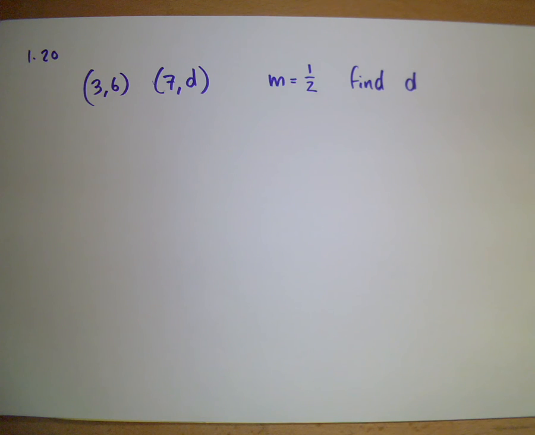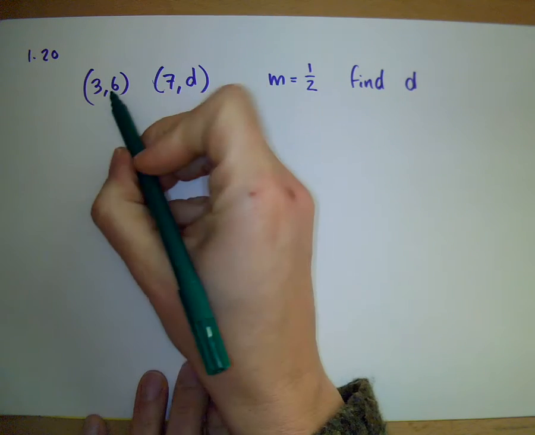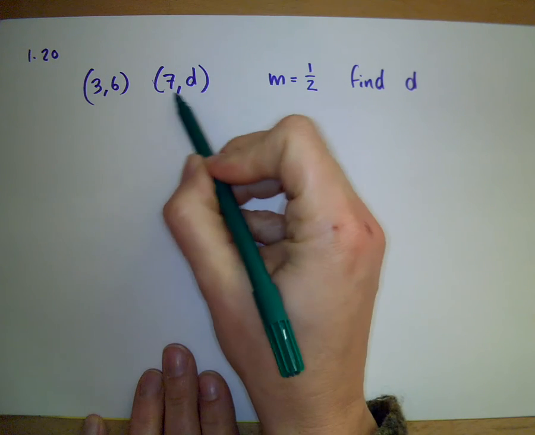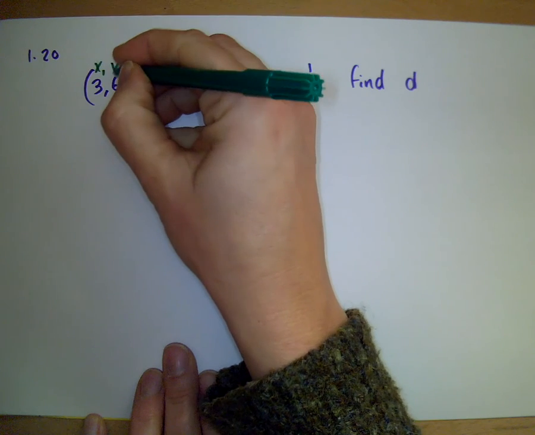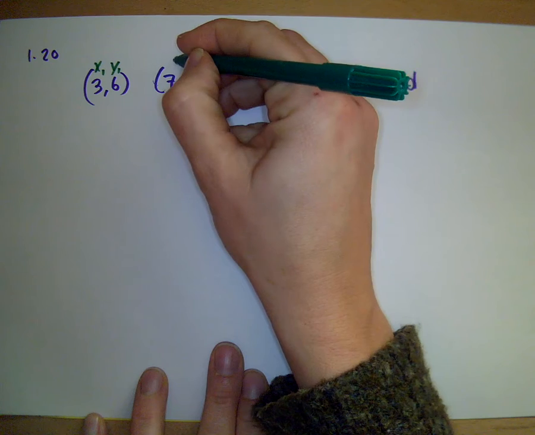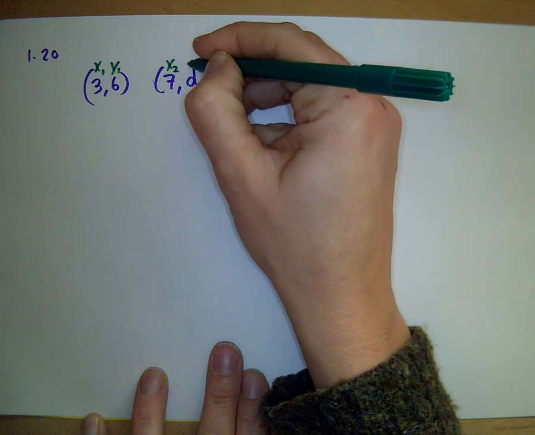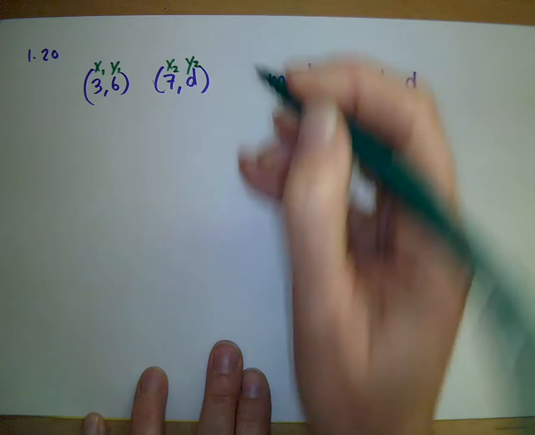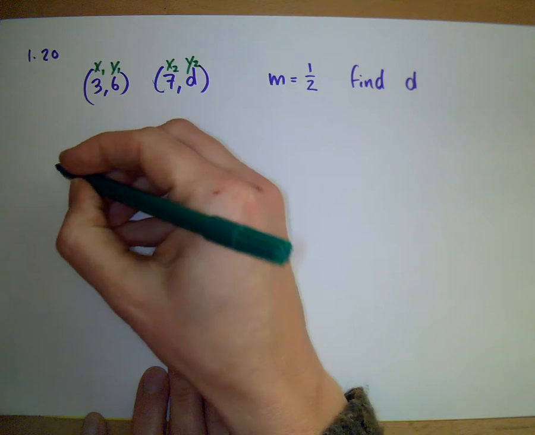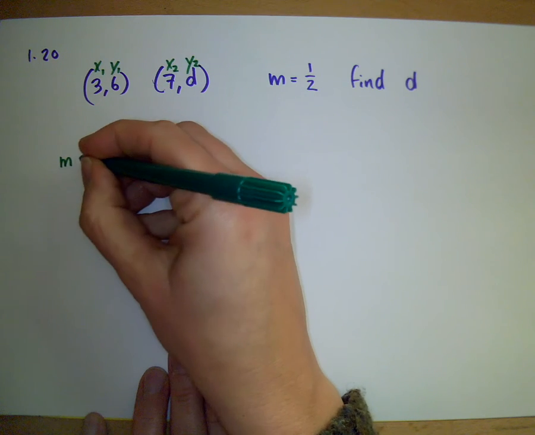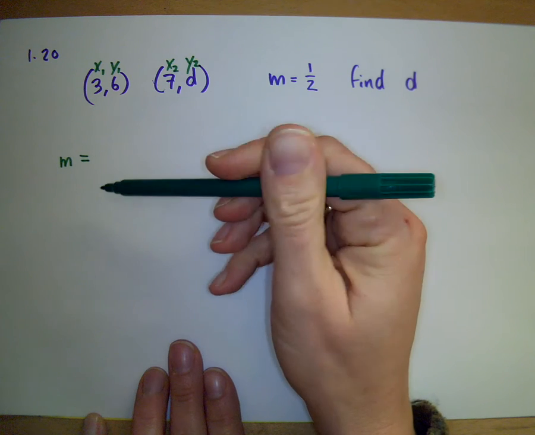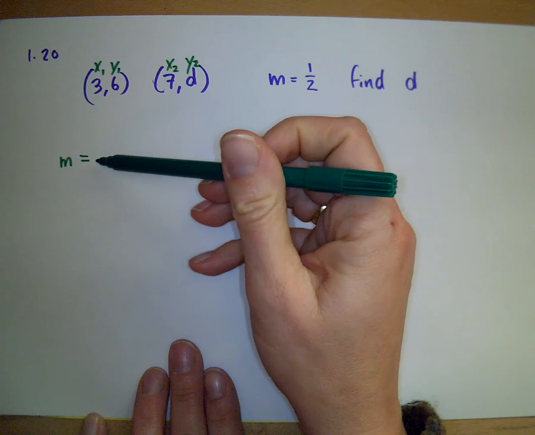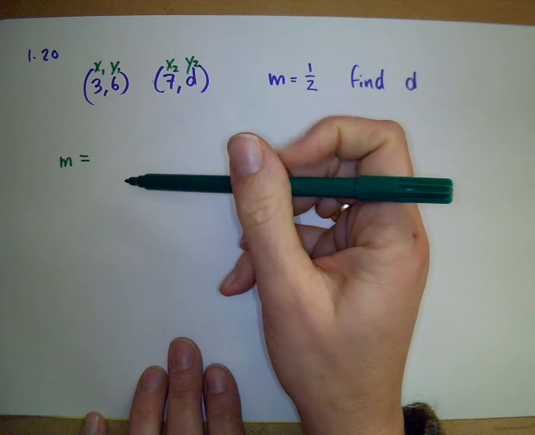So on these points, let's call this point 1 and this point 2. This is the x1, y1. Let's call this x value x2, and this will be y2. We have a formula for slope. Slope is rise over run, or the difference in y values divided by the difference in x values.